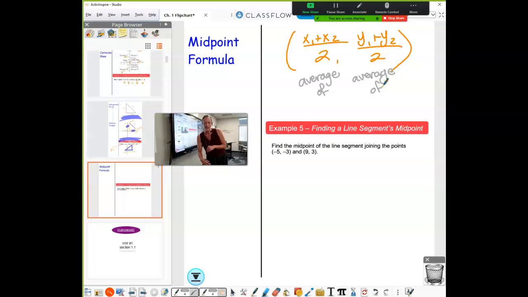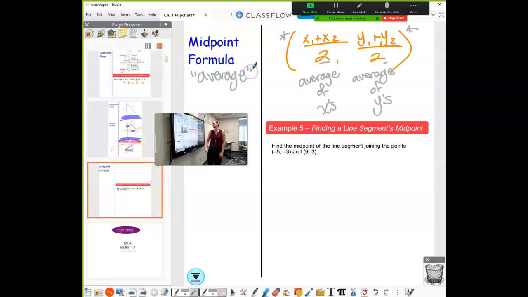Someone would say, add it all up and divide by how many there are. And I'm like, that's perfect, so do it. Average the x's and average the y's. You have 2 of them, add them up, divide by 2. The midpoint is really just the average.